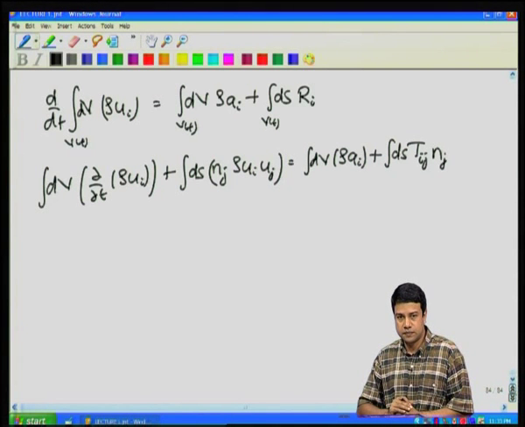Okay. I have two surface integrals here of the unit normal dotted with something integrated over the surface.